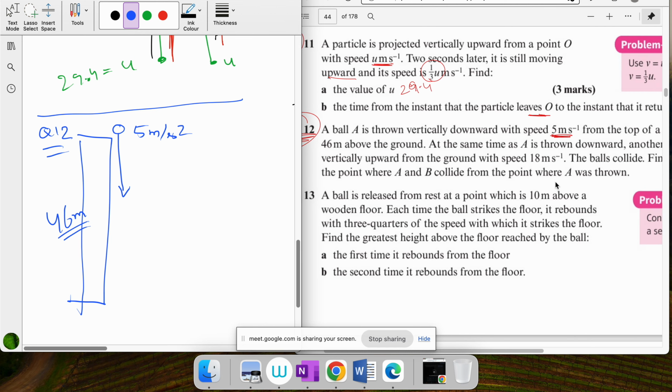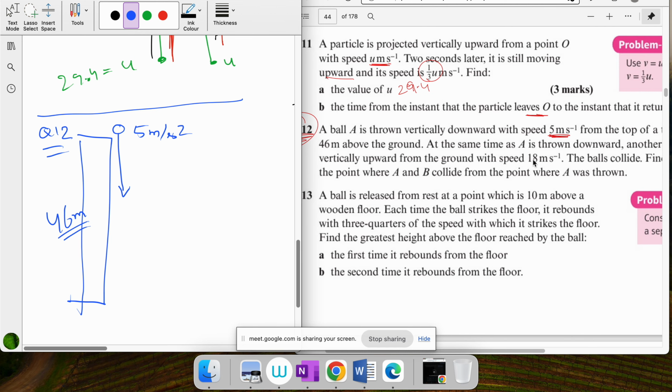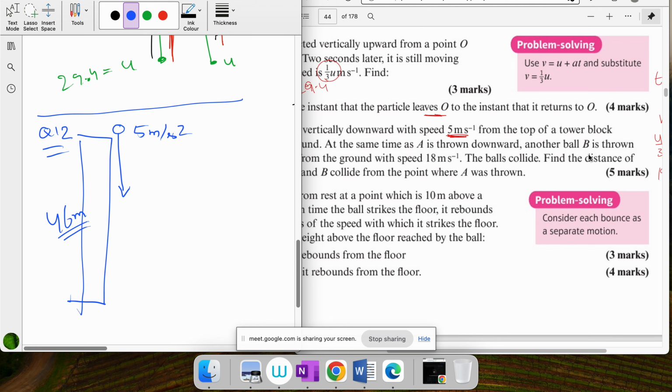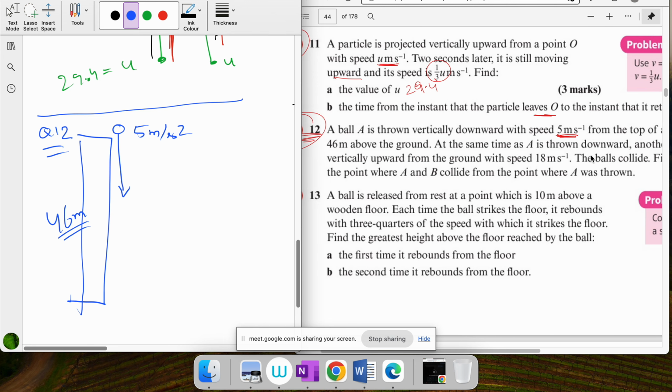At the same time as A is thrown downwards, another ball B is thrown vertically upwards. That was A, and this is B, which is thrown upwards with a speed of 18 meters per second.